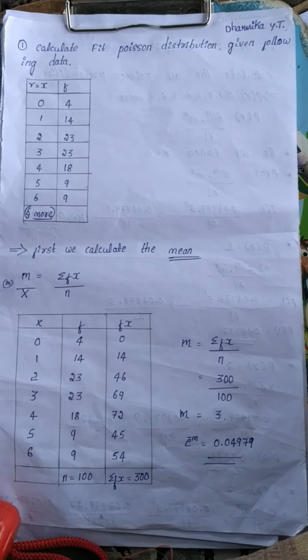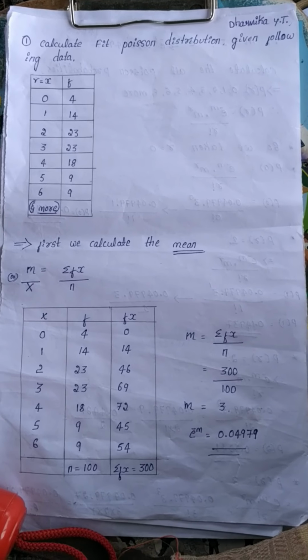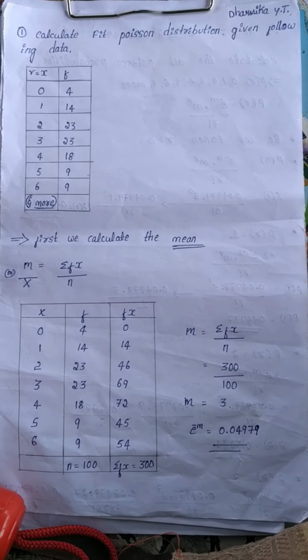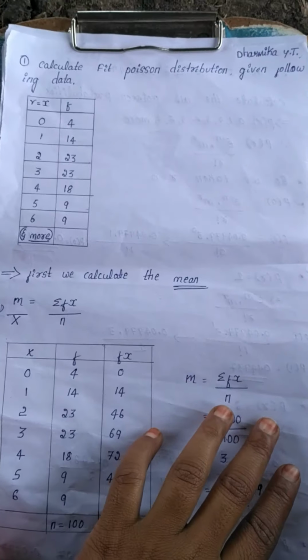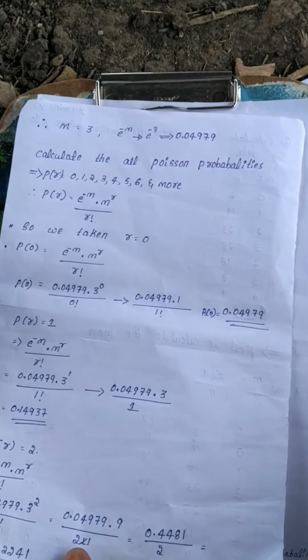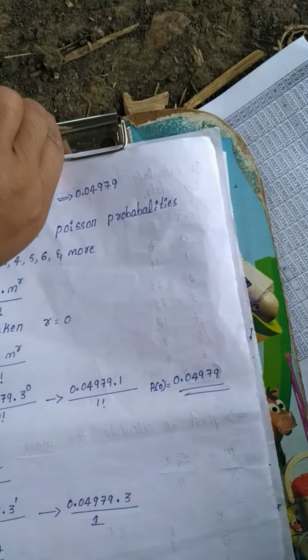Calculate the mean. The mean is sigma fx divided by n, which is 300 divided by 100. So the mean is 3. Then we can calculate e raised to the power of minus 3.